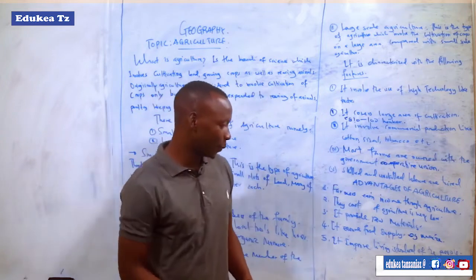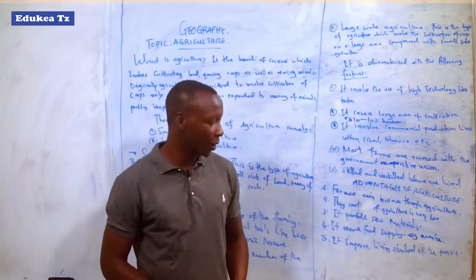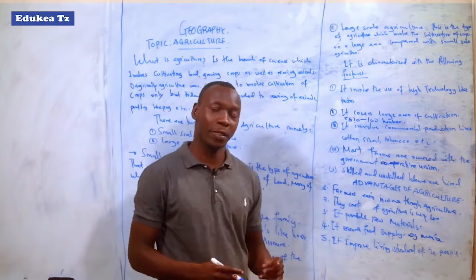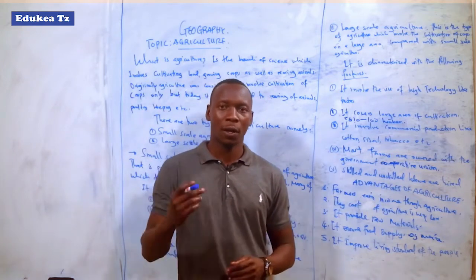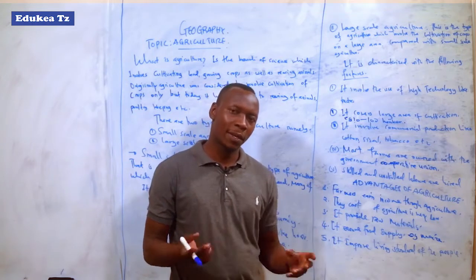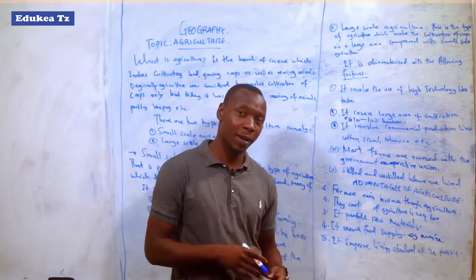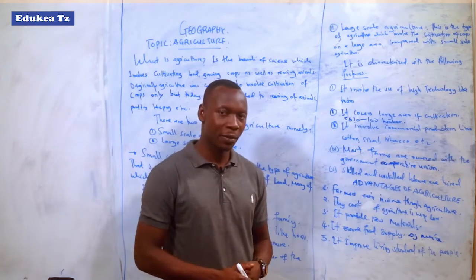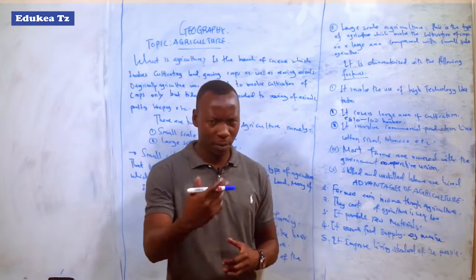Point number 5, it improves the living standard of the people. How is the living standard of the people improved with agriculture? After the production of materials, some are used at home, like food, and others are sent to the industry or to the market, so that people can earn some amount of money.